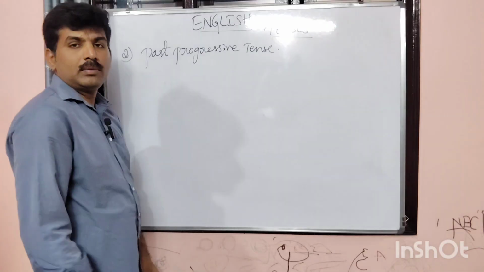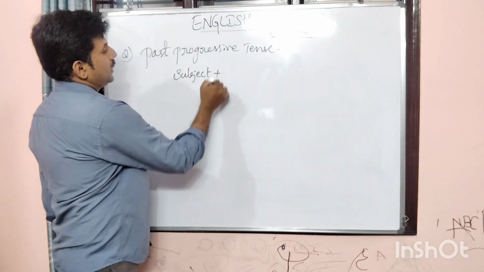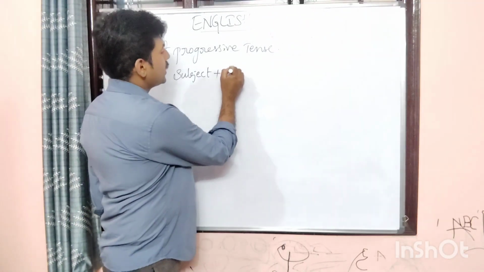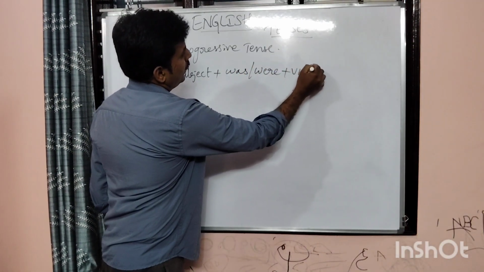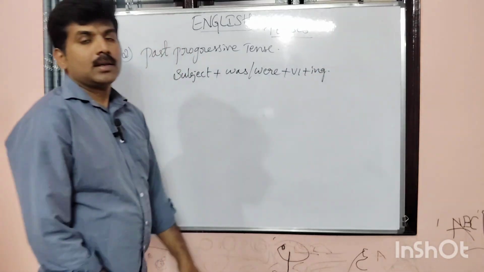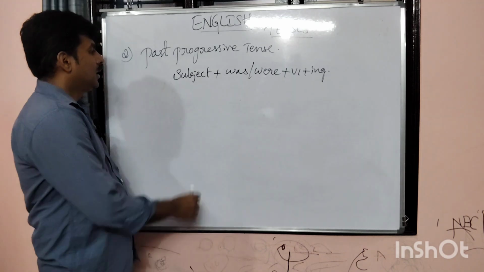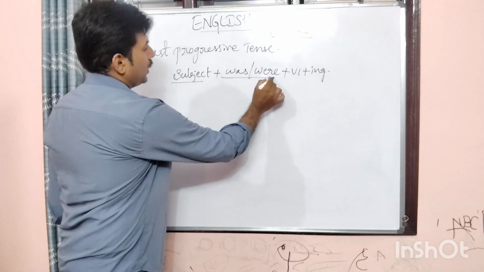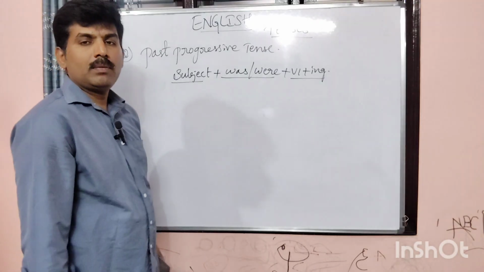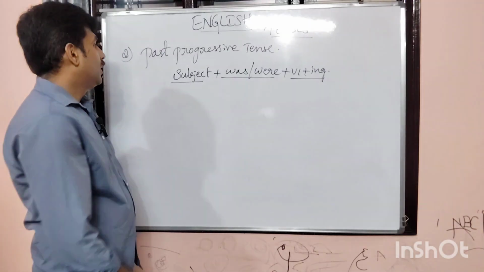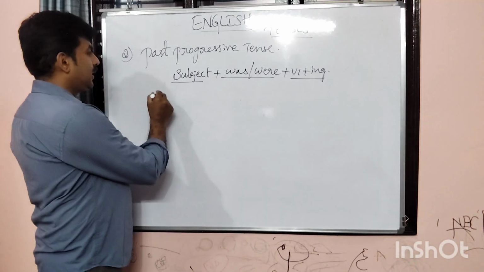Then, what is the rule of this? For example, subject plus was or were plus verb one with ing form. Okay. See the slight changes in was and were, and verb one with ing form. In our present progressive form, we apply one case.